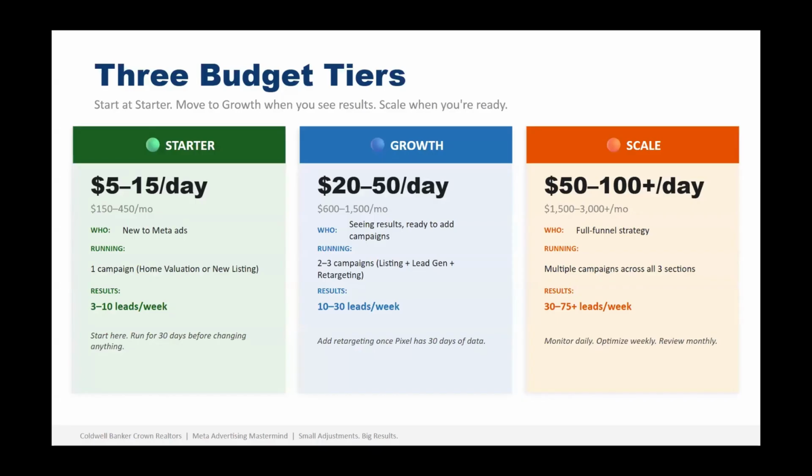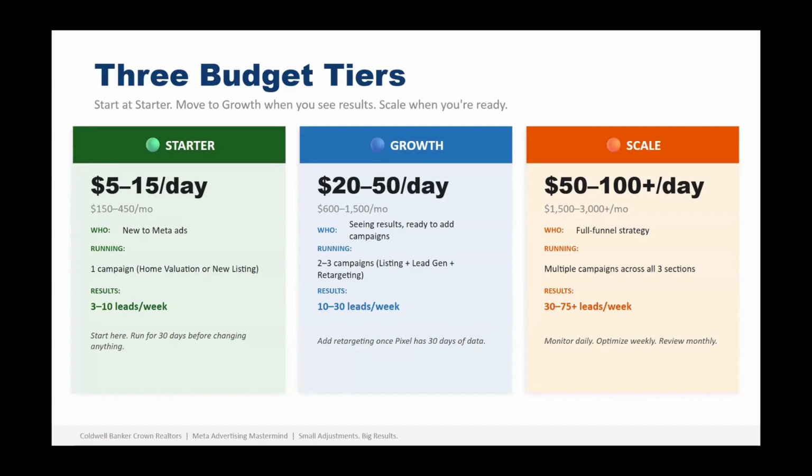When you're budgeting, if you are just starting out in your real estate career, or even if you're not just starting out but you have not used Meta ads before, and you're looking for a lead gen situation, your starter should be $5 to $15 a day. It is pretty cheap. If you're doing lead gen forms and you know you're going to be doing it long term, throw $5 a day on there, right?